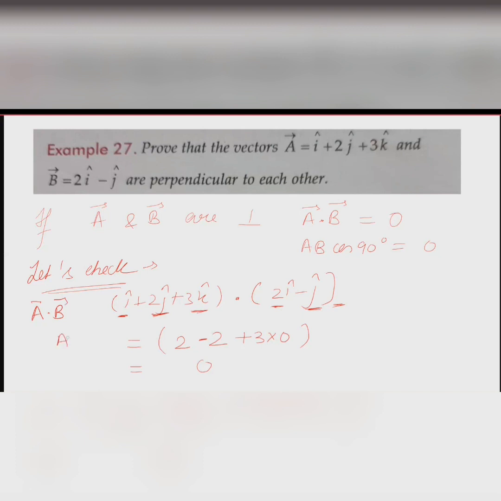Ma'am, how is i hat into i hat equal to 0? i hat into i hat is not 0, it is 1. Look, here there is no z component, so I can write plus 0 k hat.